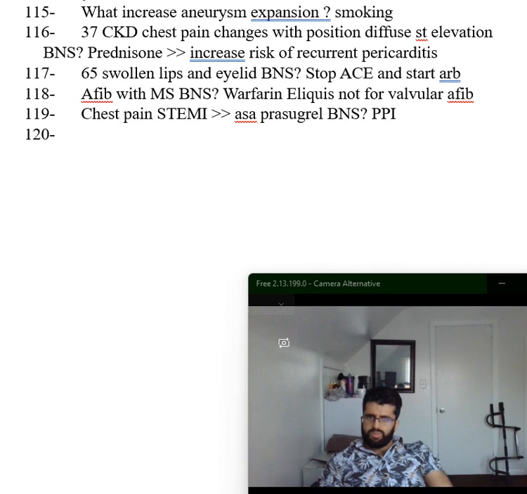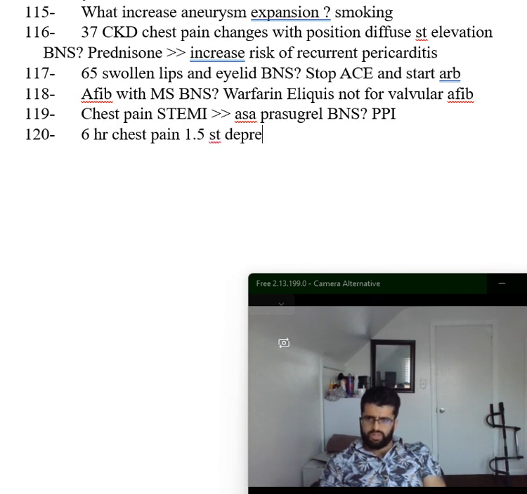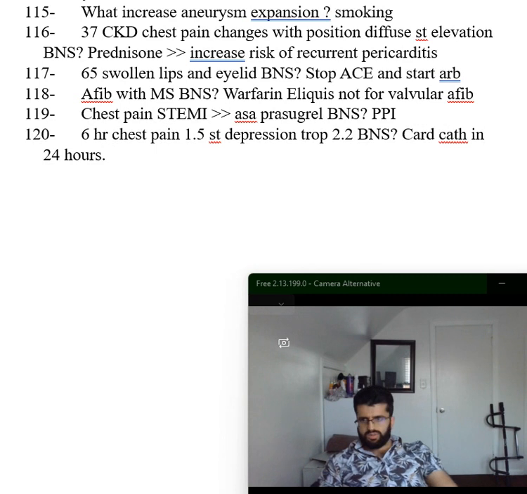Now, another question, someone comes in with 6 hours of intermittent chest pain, and then you see 1.5 ST depression, troponin 2.2, so it's ST depression with troponin elevation, he's a 75-year-old, what would you do? You want to do cardiac cath in 24 hours, okay?